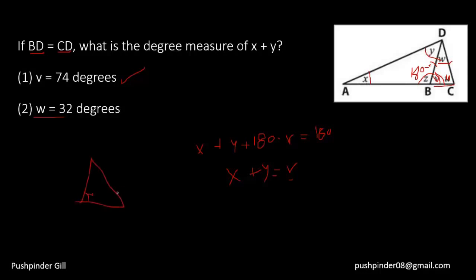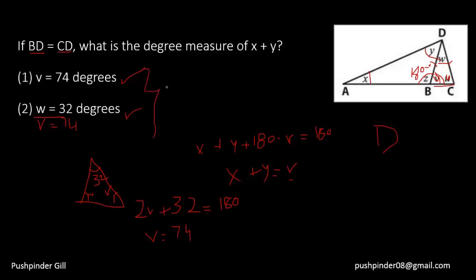If this is equal to this, and the first statement gives me 32 degrees here, what will I get v to be? 2v plus 32 is equal to 180 degrees, and from here I'll get v to be 74, isn't it? Now this is giving me v to be 74. Once I have v to be 74, again the statement would be sufficient, and hence D will be my answer.